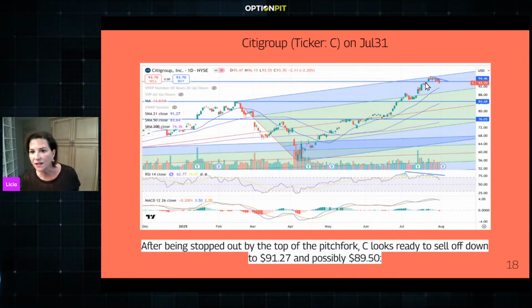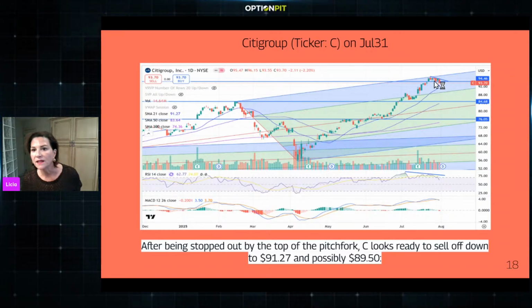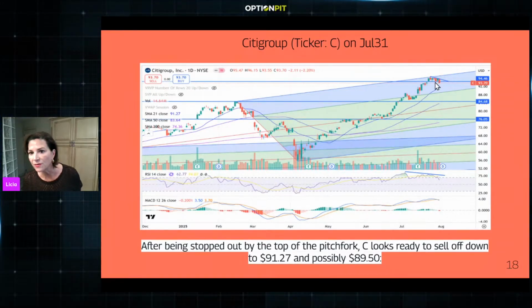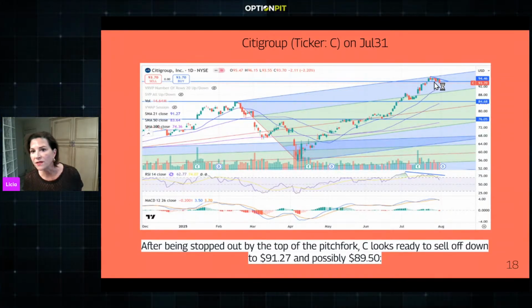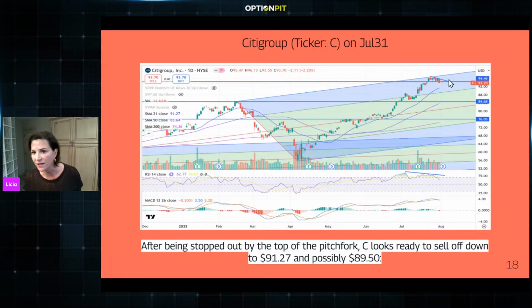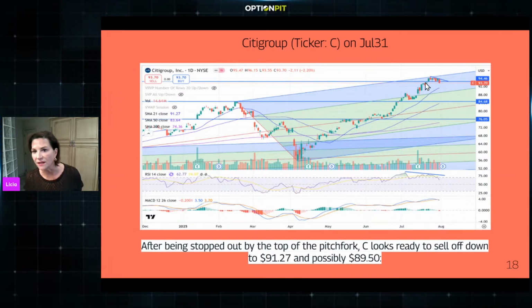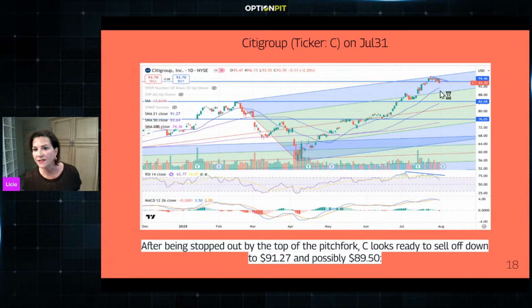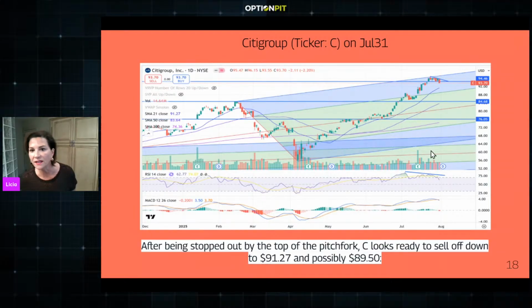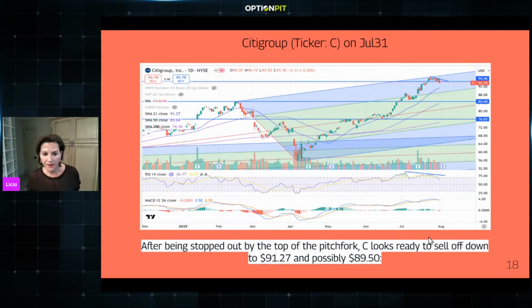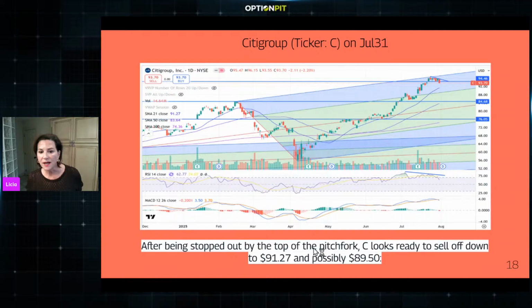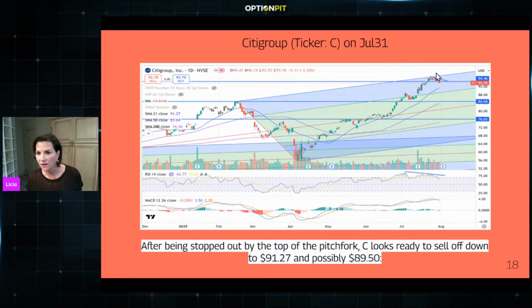I wrote that Citigroup looked like it's ready to fail this old resistance, now new support. All those little lows. It's very recent, but it counts as support. And suddenly the stock is failing it. Big red candle, after being stopped out at the top of the pitchfork, another bearish sign, right?